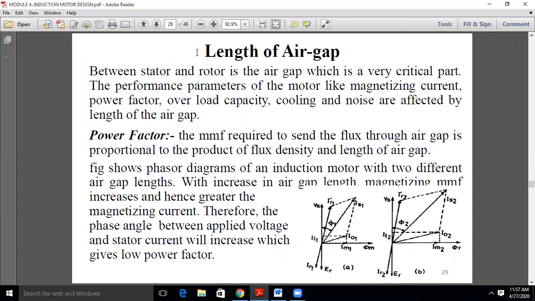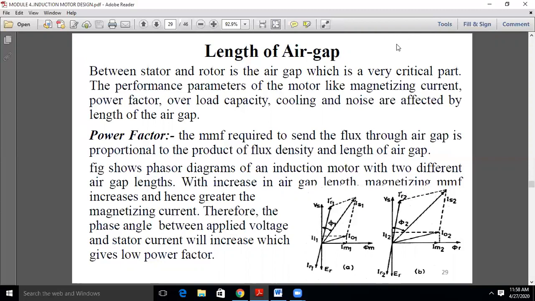The length of air gap is also an important factor in the design parameters. What is this air gap? Let us assume there is a stator, the outermost part of the induction motor, and a rotor, the inner part. In between the stator and the rotor there is a gap.